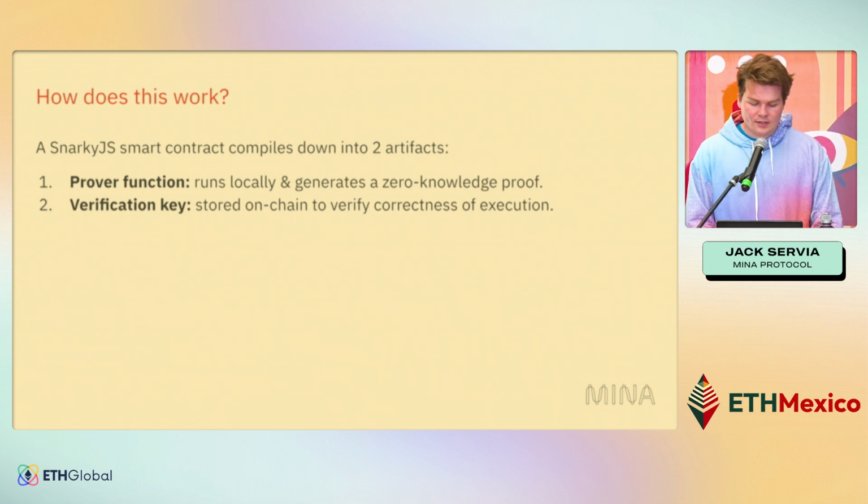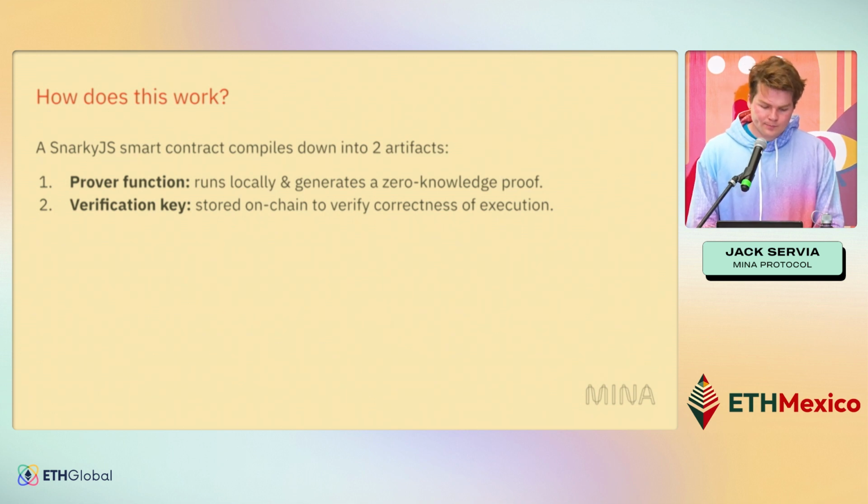This verification key is a small, random-looking number that is computed by really complicated means, but ultimately can be used to verify that any interaction that you have with your smart contract is a valid interaction for the code that you used to generate it.